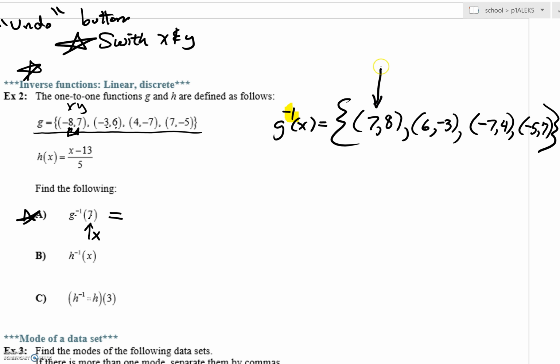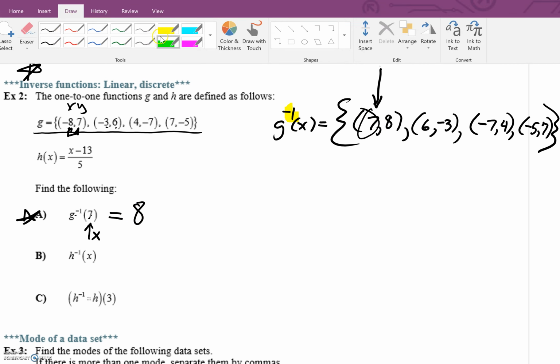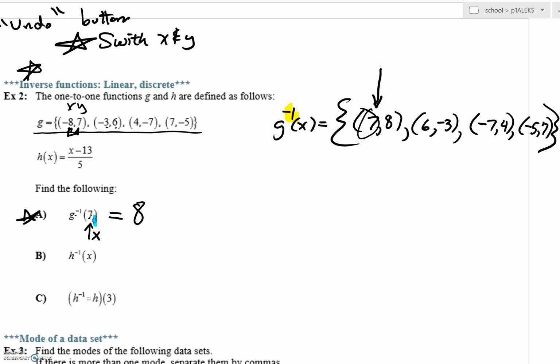Well, look right here. You've got your x value of 7. Guess what your y value would have to be? 8. Remember, it's always going to be an x inside here, and that's what we're looking for in this regard. The g inverse of 7 says, what is the output? What's the y value when you plug in x equals 7? You could see it's simply an 8.